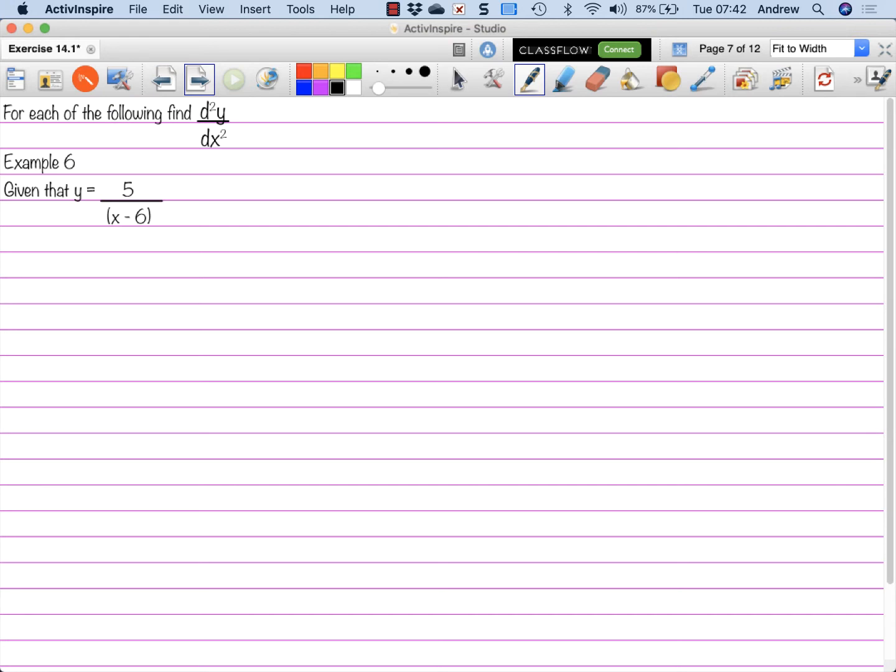Example number 5. This looks like the quotient rule. The quotient rule is for when you're differentiating a fraction, but you can use the quotient rule on it, but it's much simpler if you use the chain rule. And the reason why we're going to use the chain rule is because the top is a constant. And if the top is a constant, using the chain rule is so much easier.